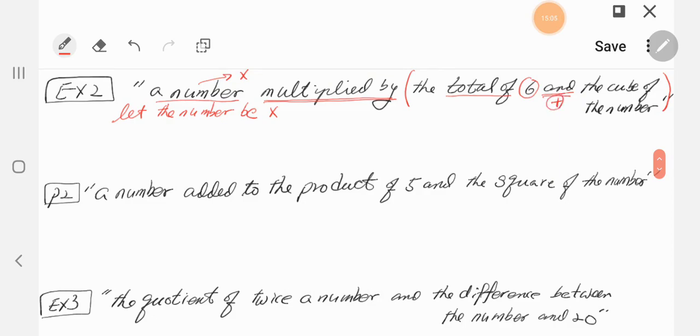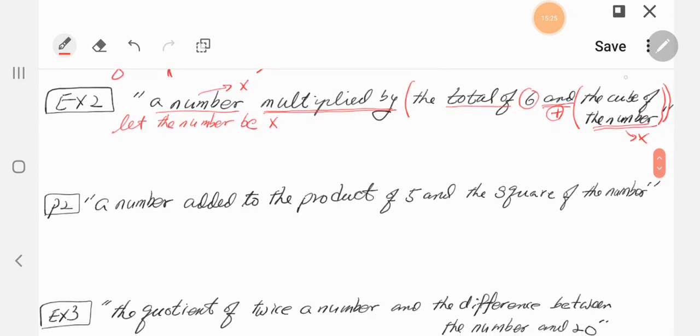Plus, because this is total. And then 6 plus the second expression. This is a cube of the number. What's the number? We already set the number to x, right? So cube of x means x cubed. So the total of 6 and x cubed means 6 plus x cubed.